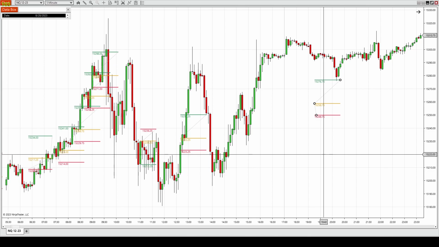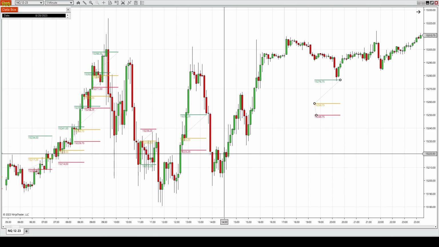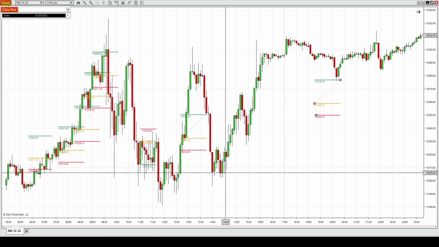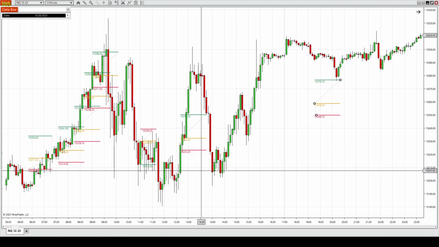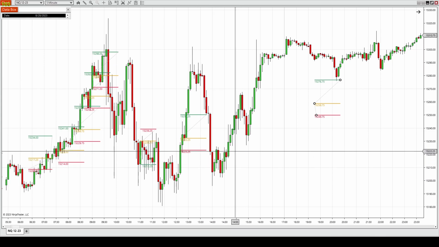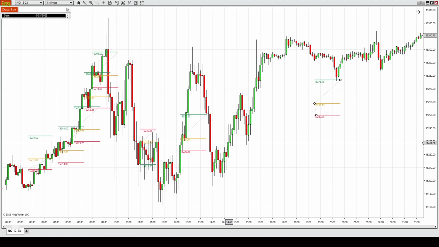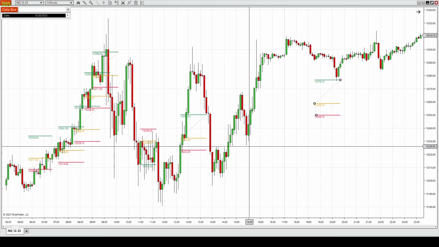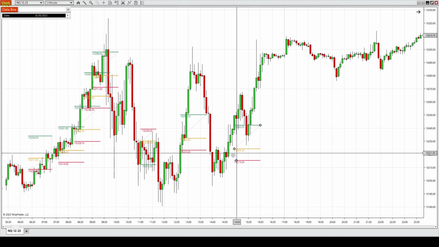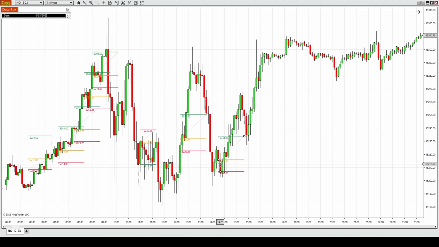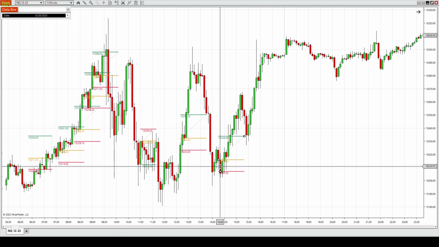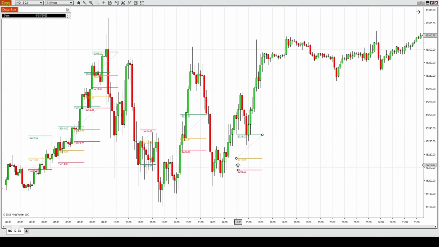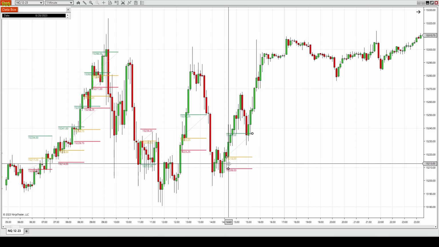Okay, so let's continue. Over here is very tricky. There's no structure formed other than the support, and then also the minor resistance up here, right? So it's either you wait for a setup to happen, like this, for example, with the risk of getting stopped out because we still have this support to go to, or you wait for it to bounce off the support and you take this trade.